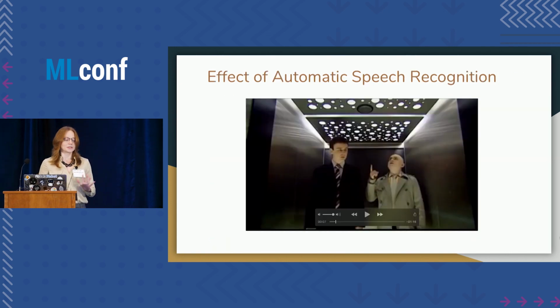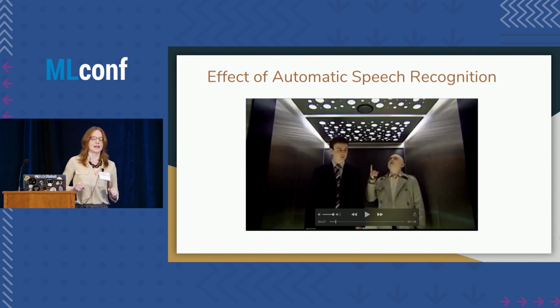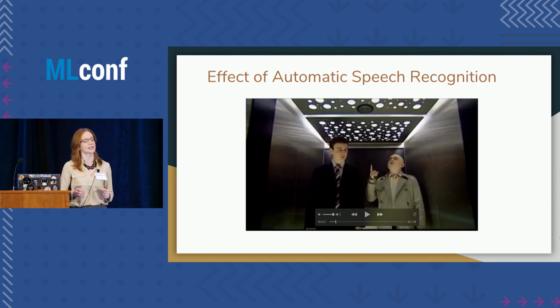Okay, but now let's go back to the automatic speech recognition effect. As I mentioned before, we extract transcripts from our speech samples, and the quality of those transcripts depends on the accuracy of the automatic speech recognition system.